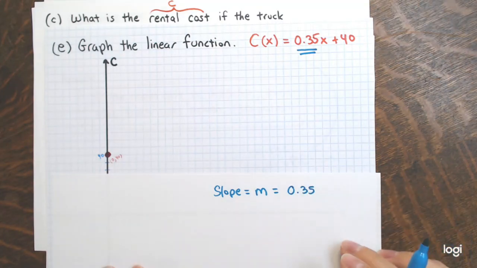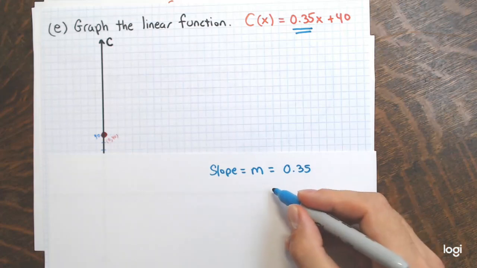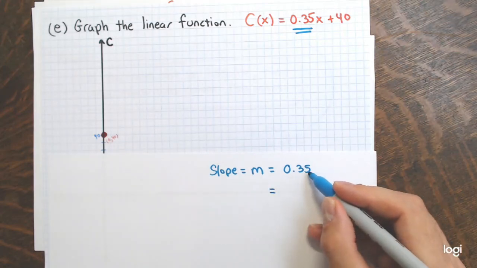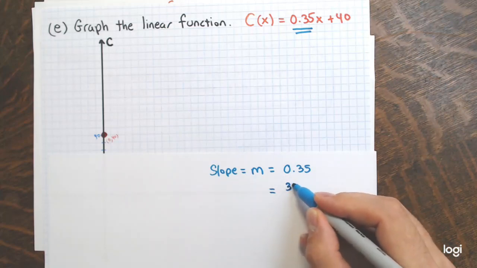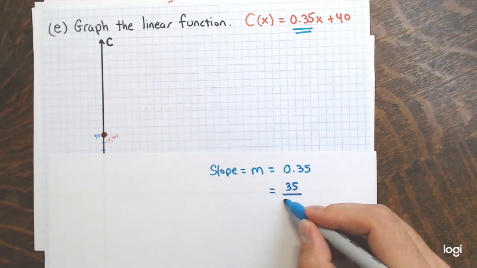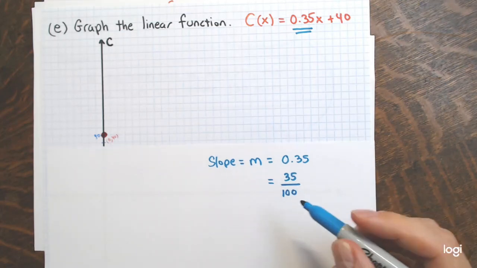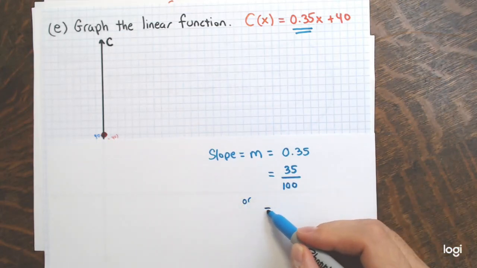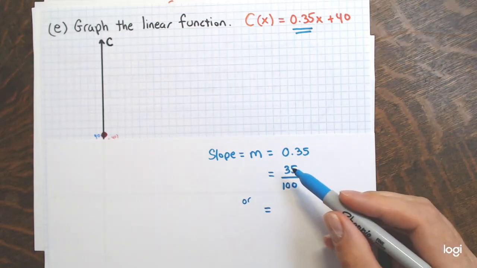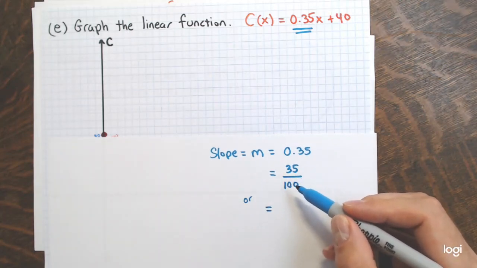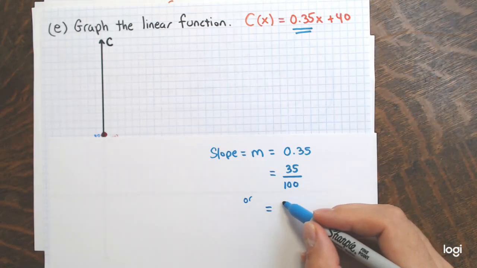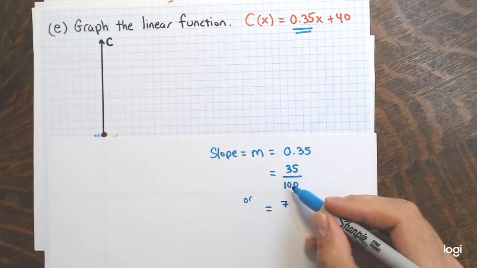Which if I write that as a fraction, remember that's the tenths place, the hundredths place. This is 35 over 100. You can leave it like that, or if you want to simplify this fraction, what's a common factor that the numerator and denominator have? That'd be 5 times 7 over 5 times 20.